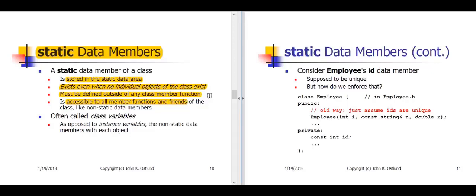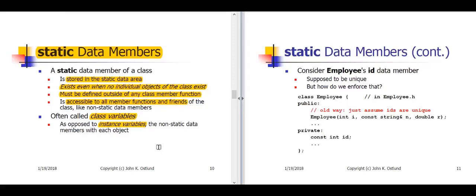Such a static data member is often called a class variable because it applies to the class as a whole, as opposed to what are often called instance variables, which are the individual non-static data members contained within each object of the class.